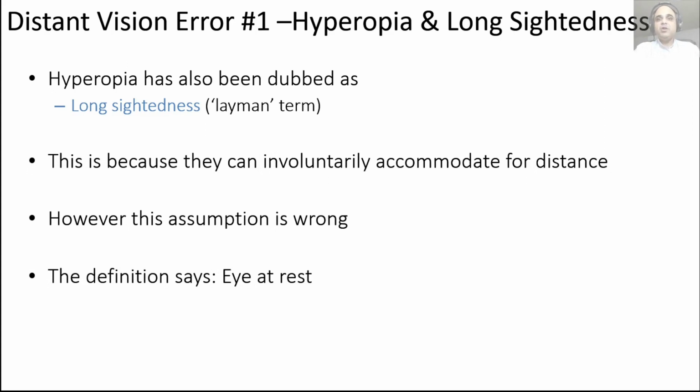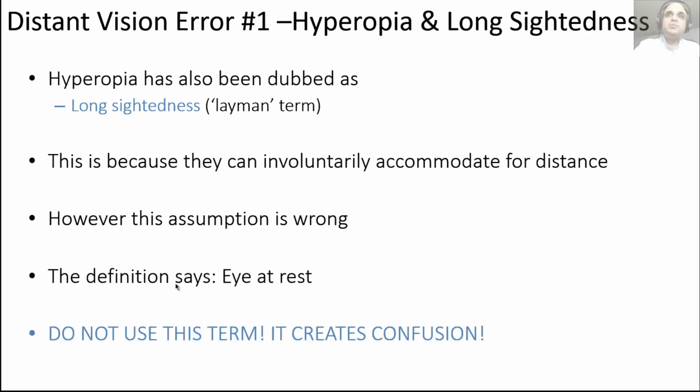This assumption is wrong because the very definition says eye is at rest, and that's how we define it: parallel light rays, eye is at rest, light rays focusing behind the retina. So when we are saying parallel light rays are focusing behind the retina, how can we say that they are long-sighted? It's ridiculous. This term creates so much confusion.